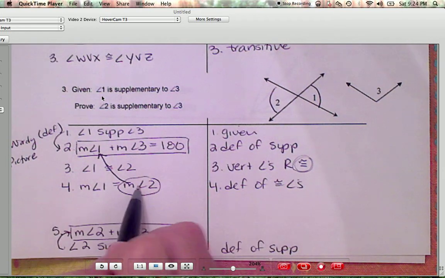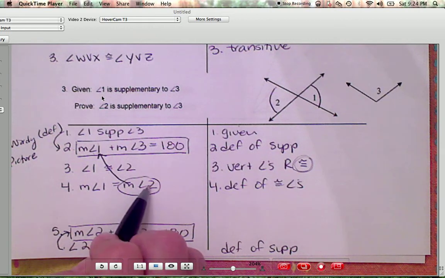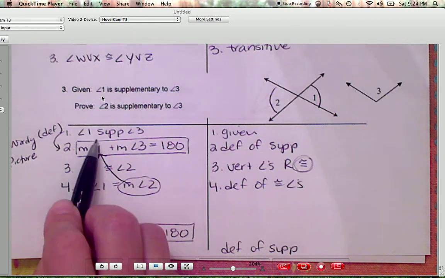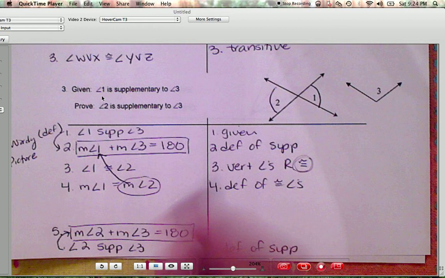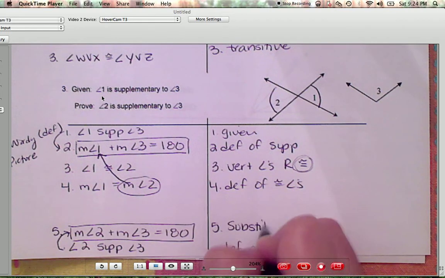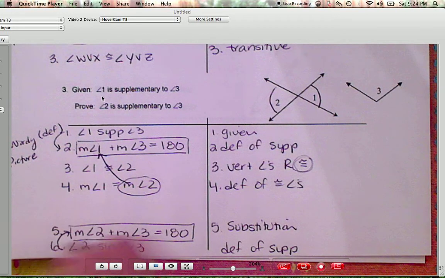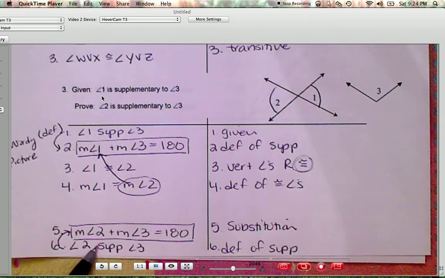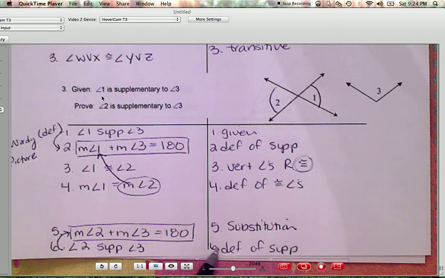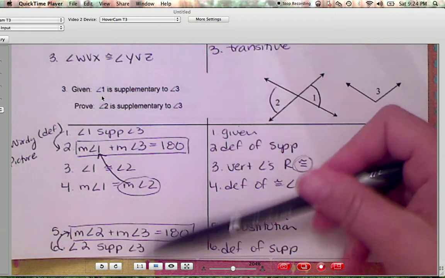So when I put 2 in its place, just like when I'm absent and there's a sub here for me, this is substitution. When you put anything in place of something else, that's always going to be substitution. So that's step 5, and we already know we're going to convert it back to supplementary at the end, which gives us step 6. Oftentimes it's helpful to work from the beginning and to work from the end.